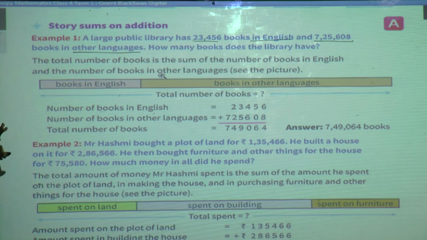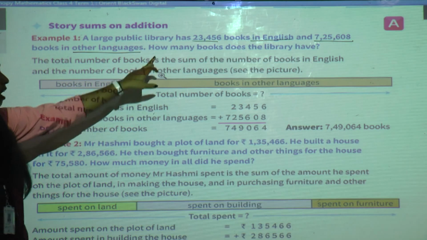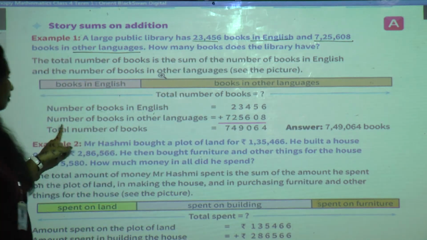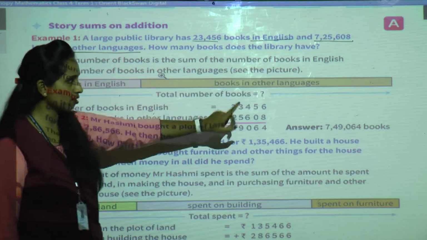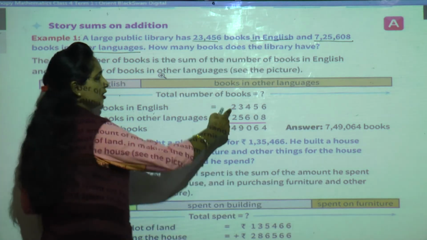So what you have to write? Number of books in English. How many are there? 23,456. And the number of books in other language, how many are there? 7,25,608. So to find out the total number of books, we have to add these numbers together.